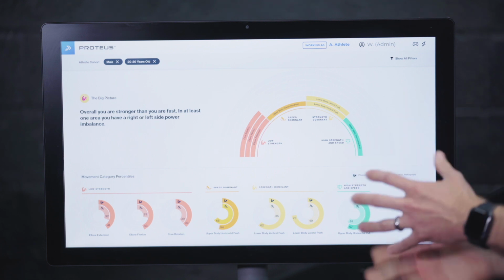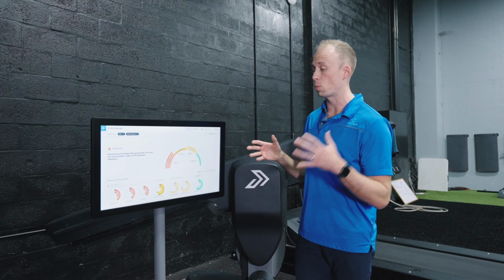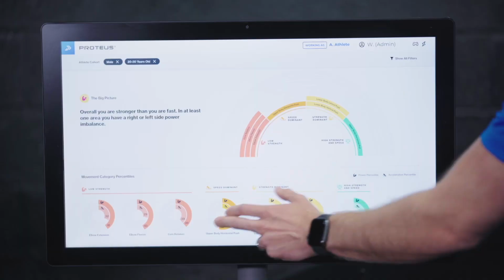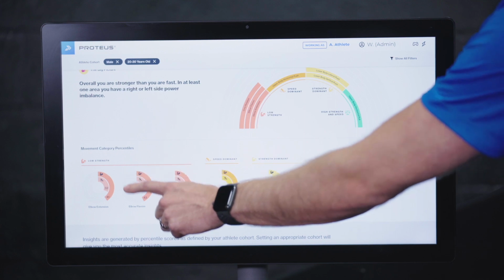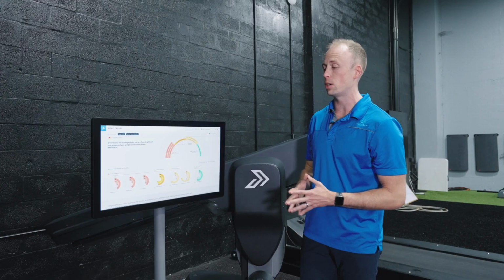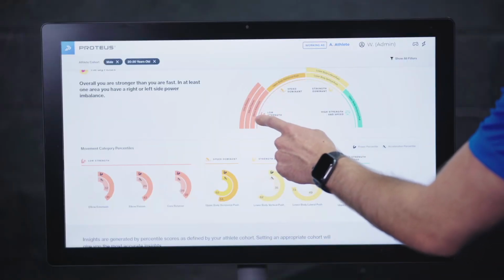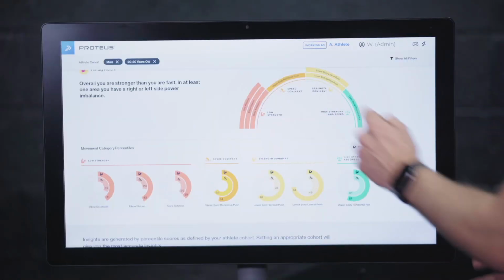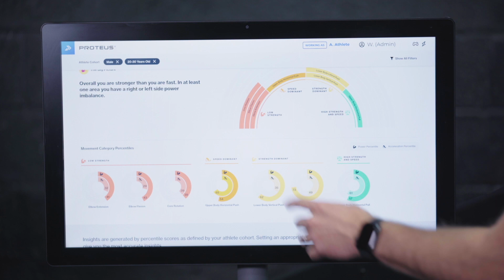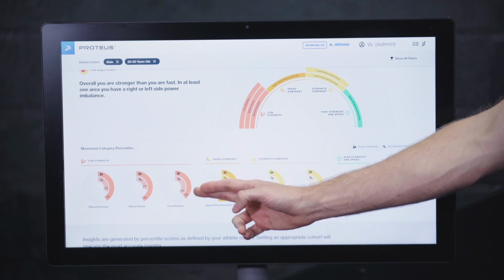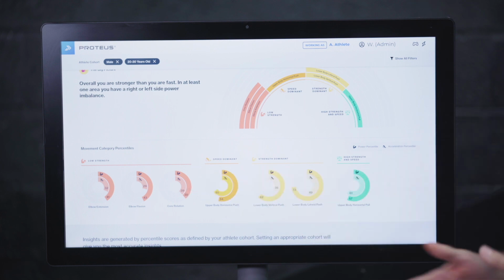But if you want to see a little more detail before scrolling down to the nitty-gritty detail, you can look at the dials to see exactly how their power and acceleration compare for each movement category. For instance, in this test, core rotation is one of the movements classified as low strength. We can go down to the core rotation movement category here and see how their power and acceleration compare.